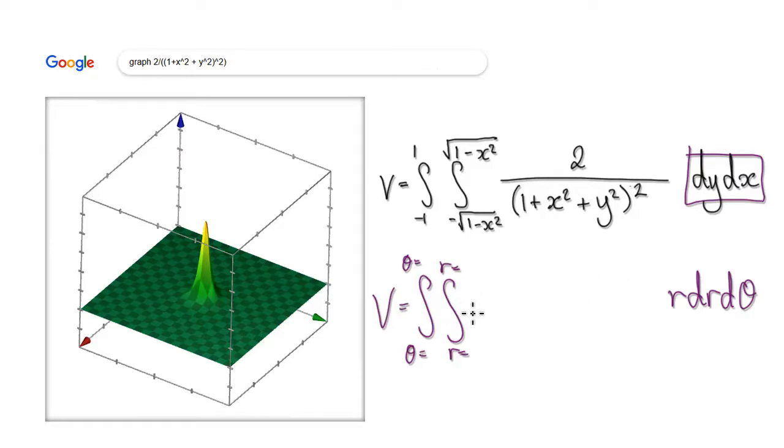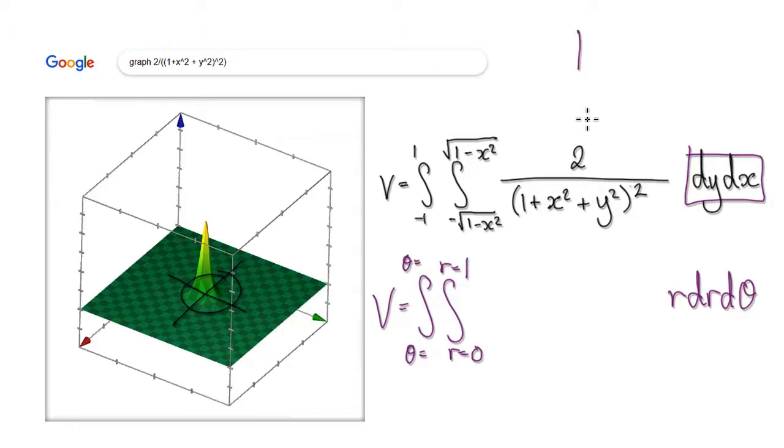Now we know that this is a circle of radius 1. So really you're integrating from a radius of 0 to a radius of 1.